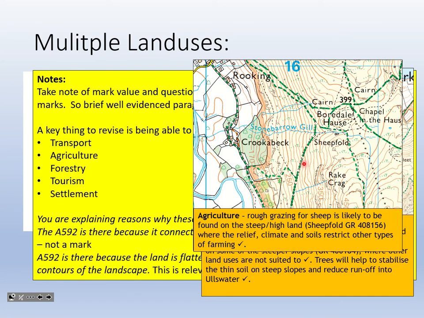Agriculture. There's lots to be said on agriculture, more than I have time for here without going into extraordinary detail. But you should revise your National 5 agriculture notes. Flat land is always more appropriate to arable farming, crop-based farming. Flat land in floodplains, taking advantage of alluvial soils, also is going to be beneficial.